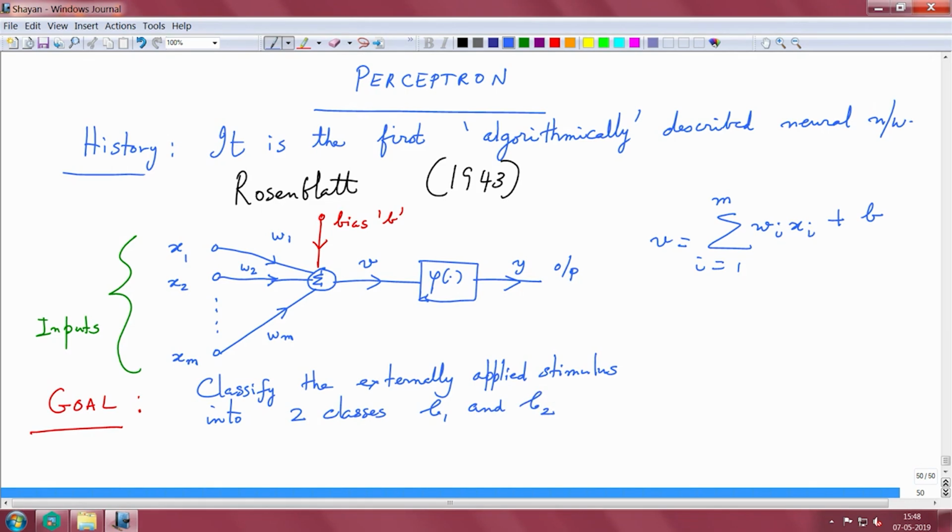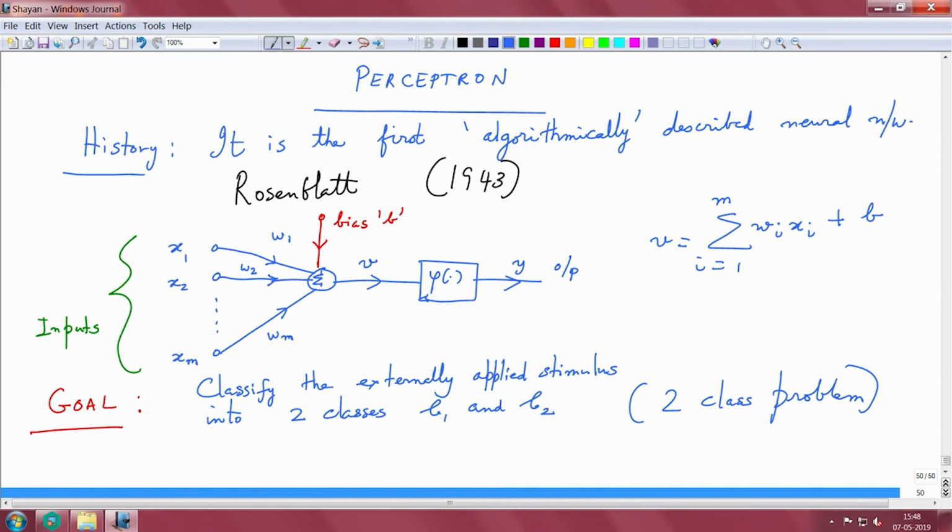It is a two class problem, and I want to classify the externally applied inputs into one of the two classes.